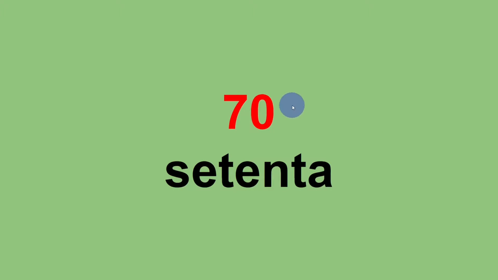All right, right here, so 70. If you notice, the only difference is the S and the T in sesenta y setenta. Make sure that when you pronounce 70, you emphasize the T in Spanish. And this is how it is. Setenta, setenta, setenta.